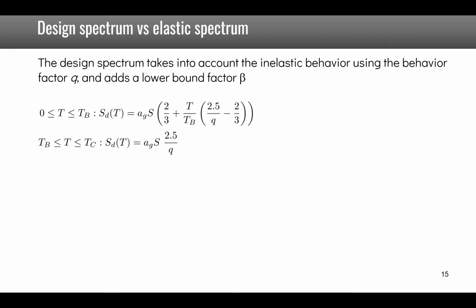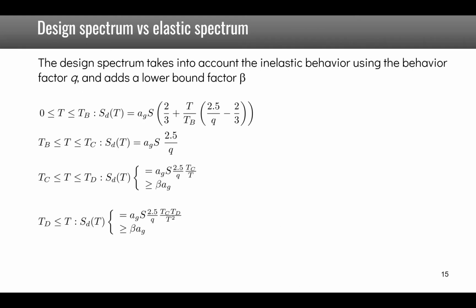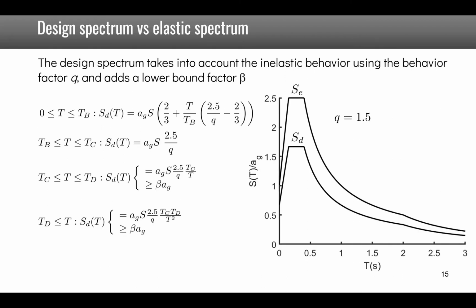The resulting expression of SDs is given here, and this is a comparison of an elastic spectrum with a design spectrum where Q is equal to 1.5. The effect is to reduce the response spectrum by taking into account the inelastic behavior, and this is called the design spectrum, which is used for the calculations.